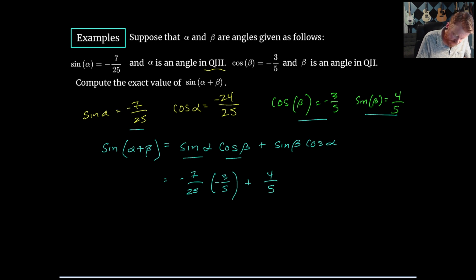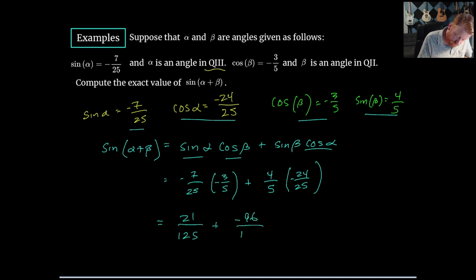And then multiply that by the cosine of alpha. Cosine of alpha is negative 24/25. So if I start to multiply things out here, I would get 21 over 125 plus negative 96 over 125, which gives me negative 75 over 125, which is negative 3/5.